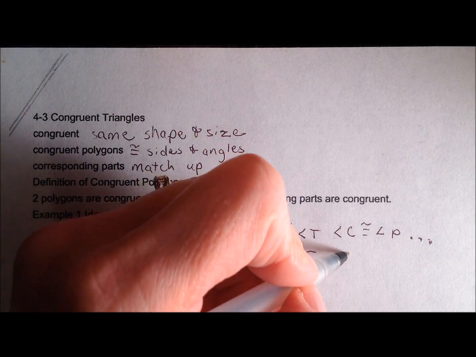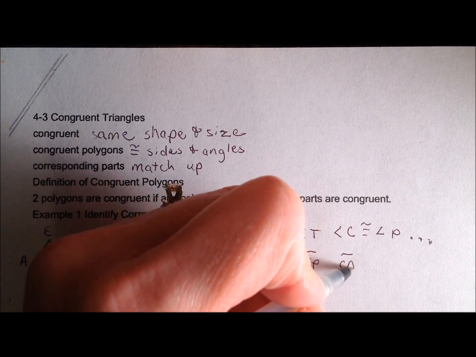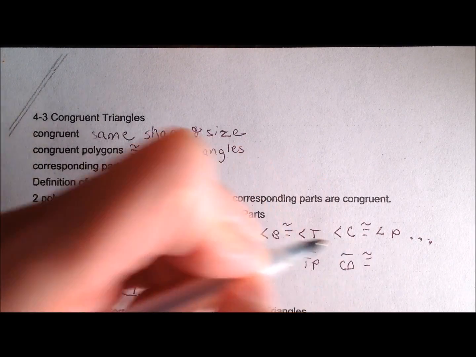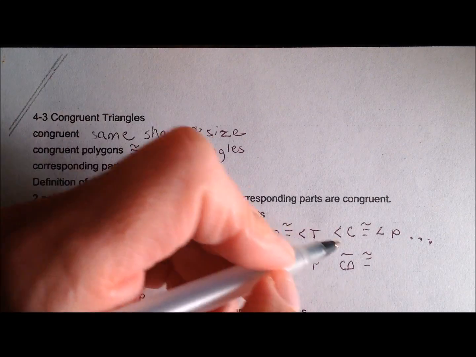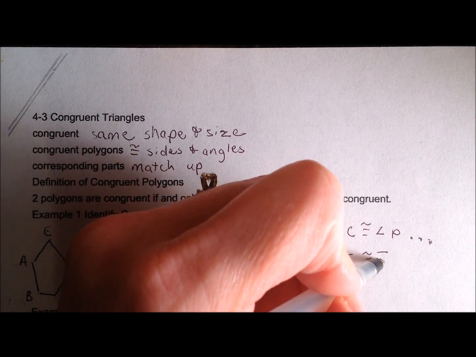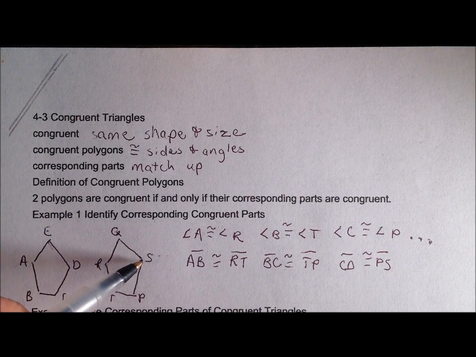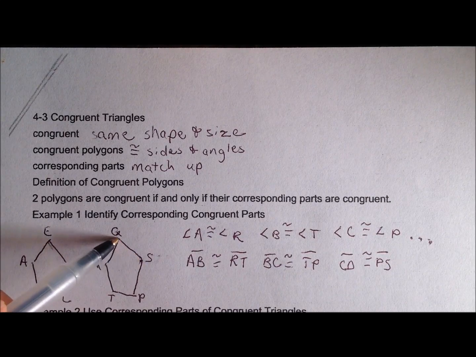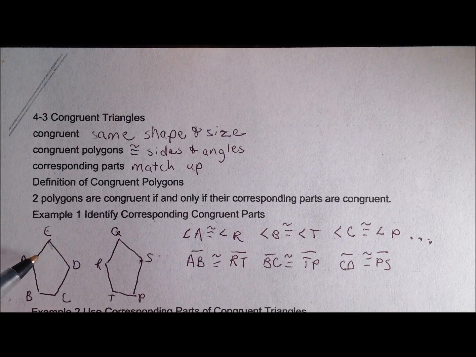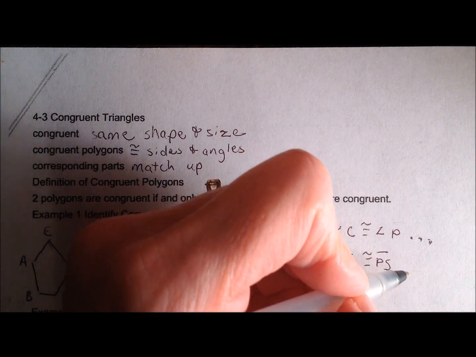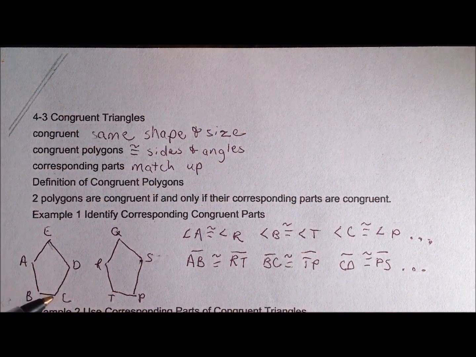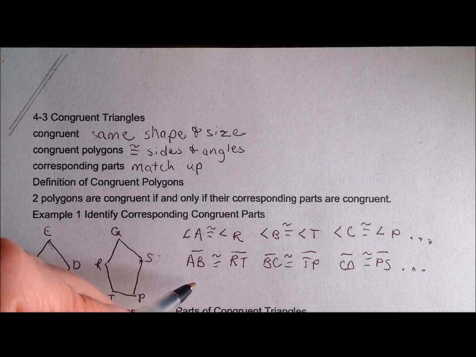Segment CD congruent to segment PS. And then I think you can see that DE would be congruent to segment SQ and segment EA congruent to segment QR. So this goes on here with all 5 segments being congruent to each other, corresponding parts they are.